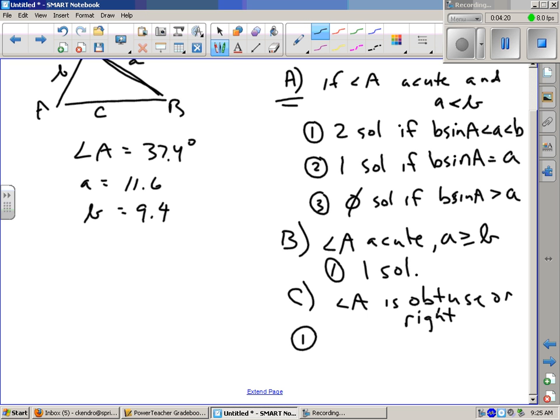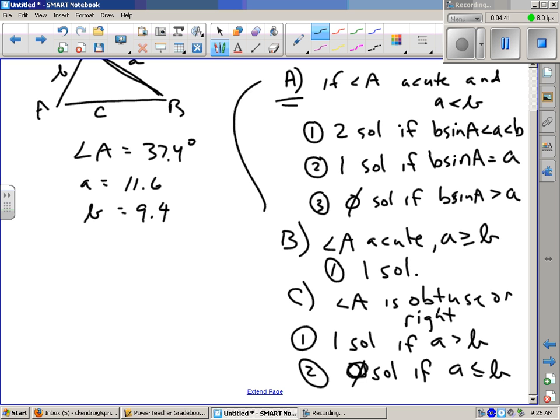The first one will be one solution if a is greater than b. The second scenario is no solutions if a is less than or equal to b.